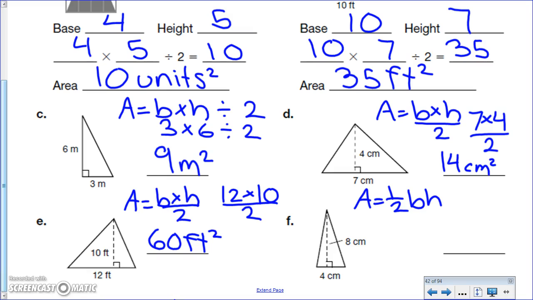So then we're going to fill in what we know. We know the base is 4 centimeters and the height is 8. So we know 4 times 8 is 32, and then 1/2 of that is 16. So it becomes 16 centimeters squared.